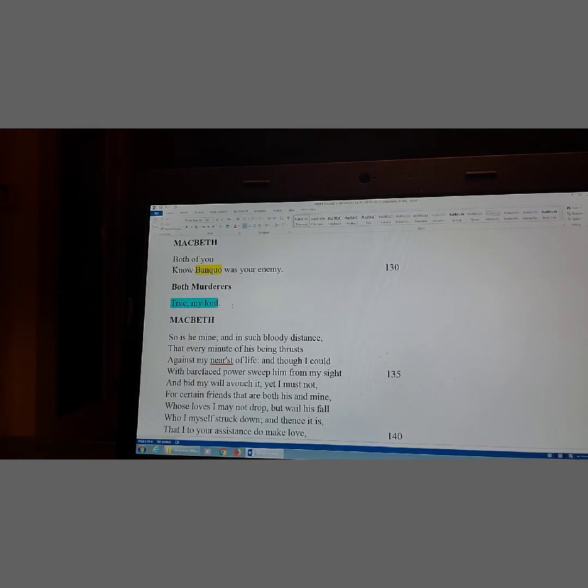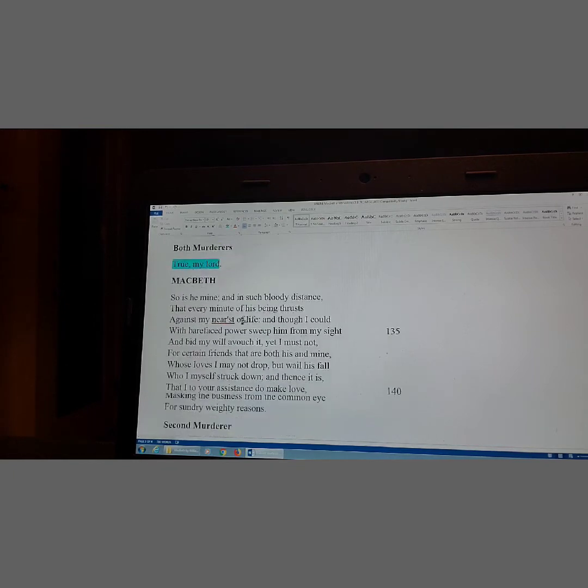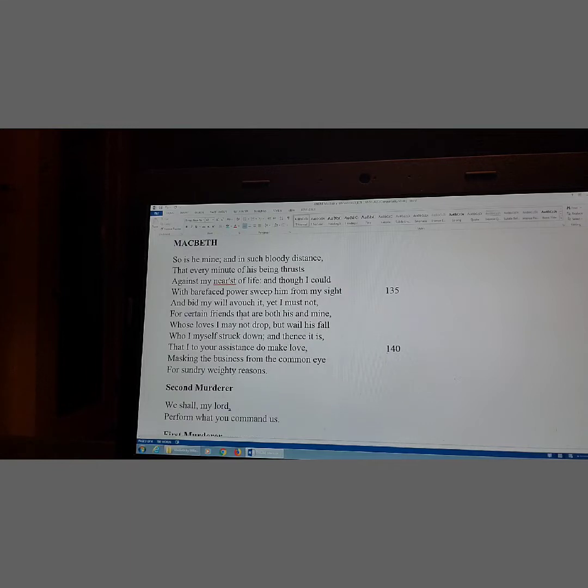So Macbeth says, so is he mine, and in such bloody distance that every minute of his being thrusts against my nearest of life.